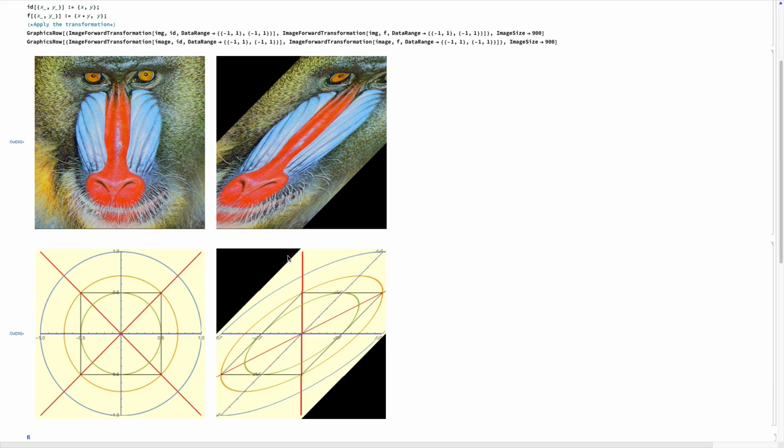And down here in our dartboard image, we see it getting shoved over as well. And you'll notice that this is not an isometry, right? Because if it were an isometry, the circle would stay a circle, but instead it gets deformed into an ellipse.